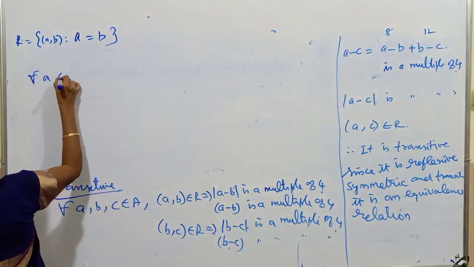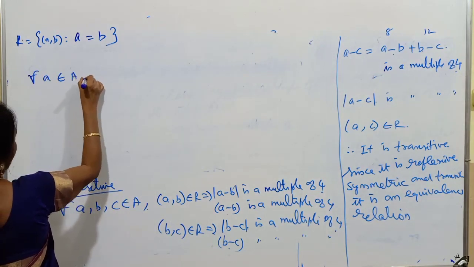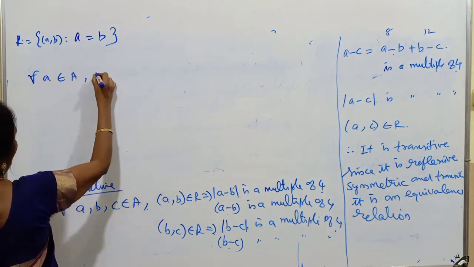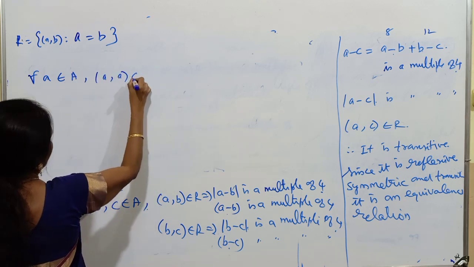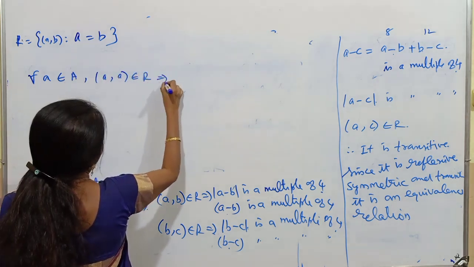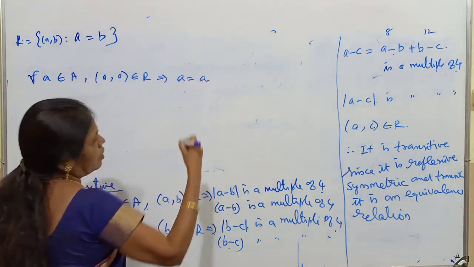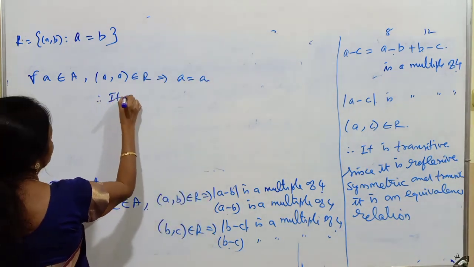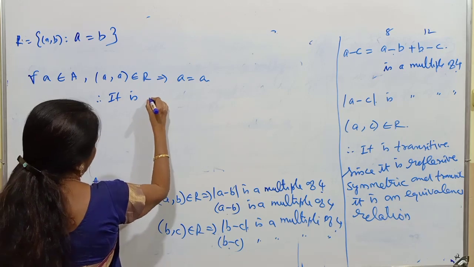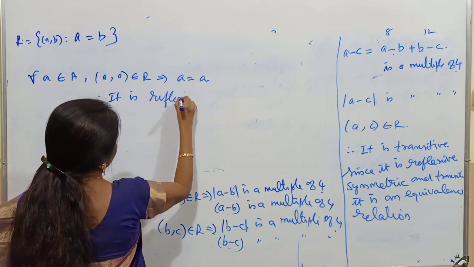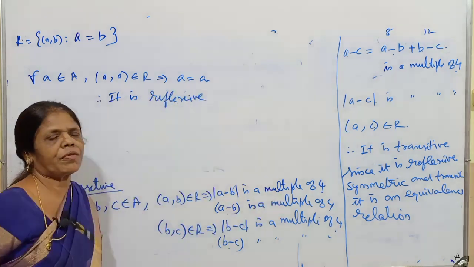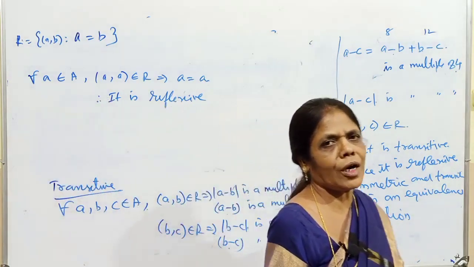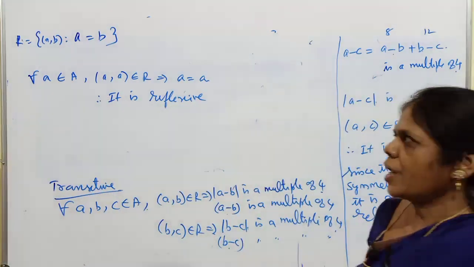For all a belongs to the set A, the same set you have to take, a comma a belongs to R, implies a equal to a. You know that a is equal to a is true. Therefore, it is reflexive. Any doubt you have? Next.